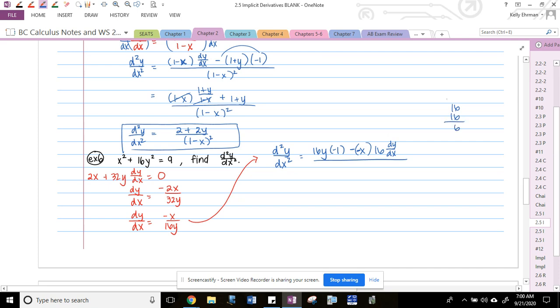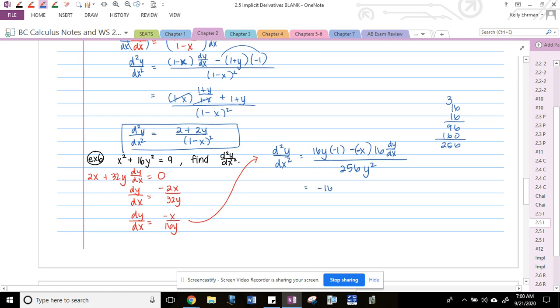My brain can't think of 16 squared at the moment. There we go, 256. Since it was low, I was just going ahead and squaring it.